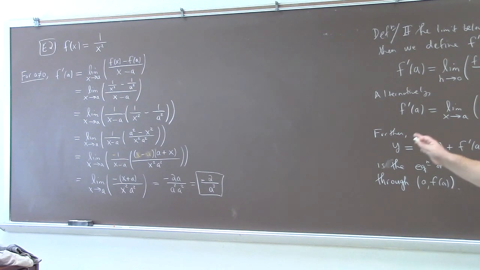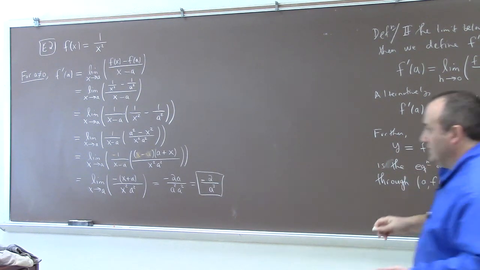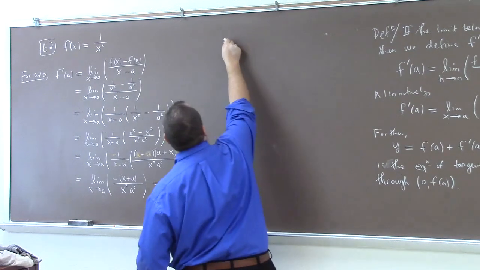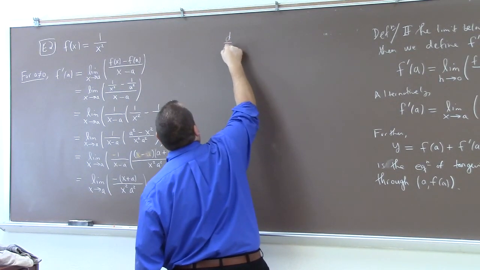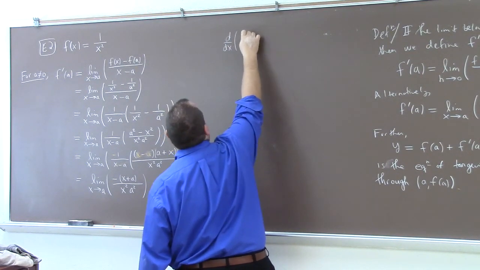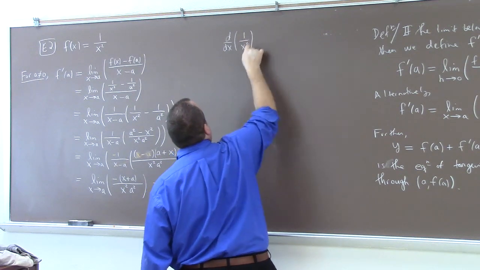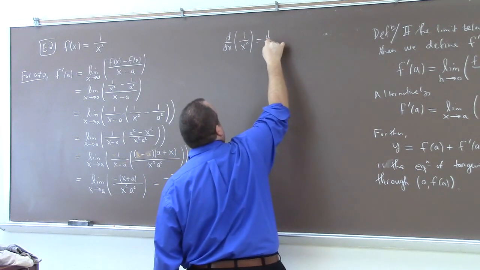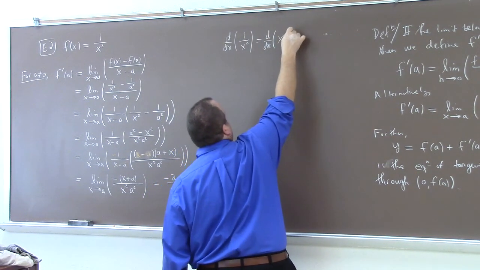Now, what would this calculation have looked like in the other way of doing things, with rules and everything? So this would have just been what? d/dx of 1 over x squared, which is what? x to the minus 2, right?